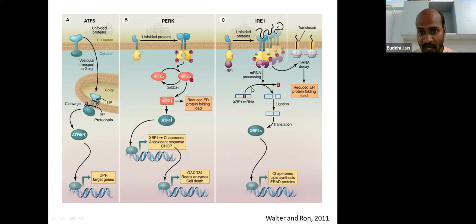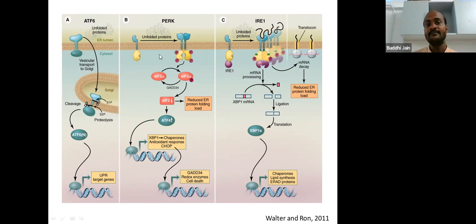Means they remove a small fragment from the XBP1 mRNA, and this spliced XBP1 now acts as a transcription factor for the expression of various chaperones, ER associated degradation pathway proteins, and various proteins which are helpful for restoring the endoplasmic reticulum homeostasis or the ER functioning.